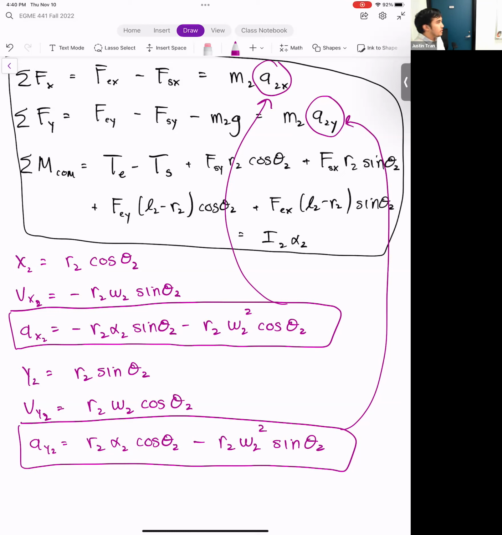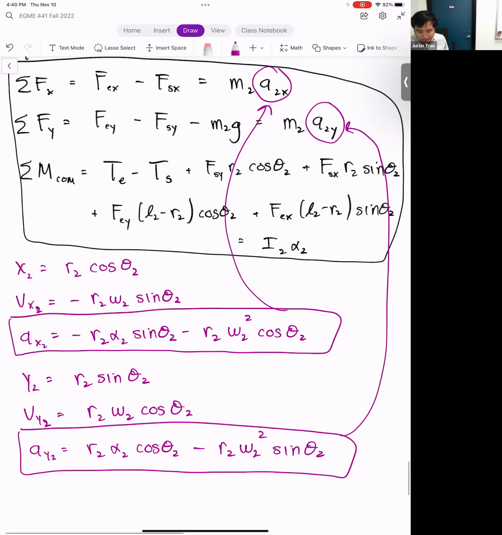And you would plug those corresponding expressions into the equations of motion.